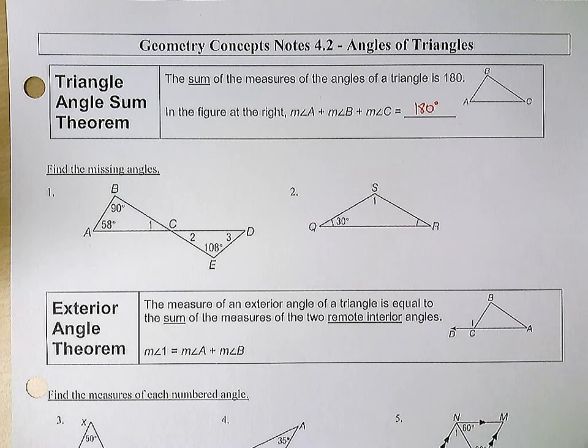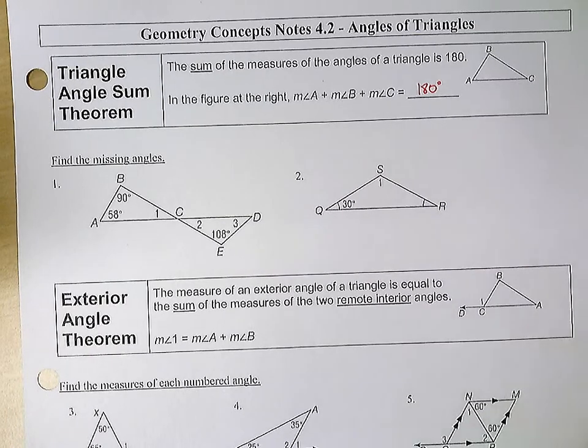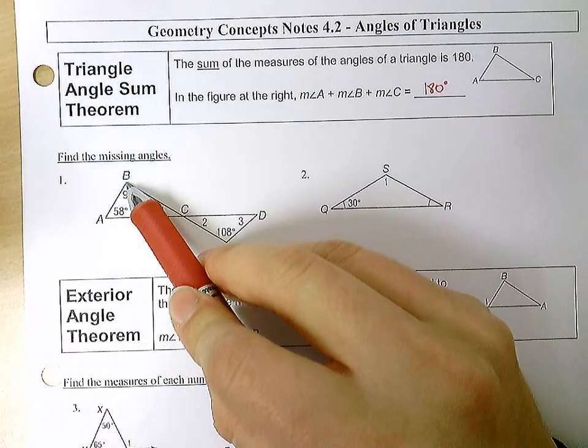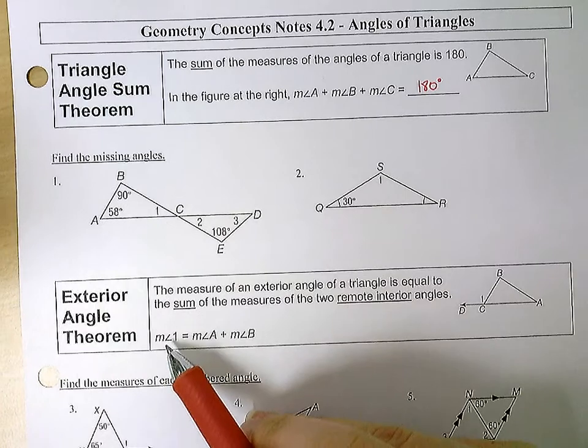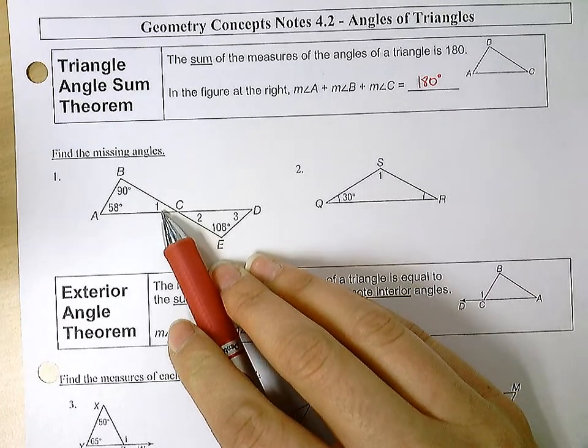So we're going to use that for numbers 1 and 2. We're going to find the missing angles. For number 1, looking at triangle ABC, I have 2 angles of that triangle. I want to find this remaining one, angle 1.